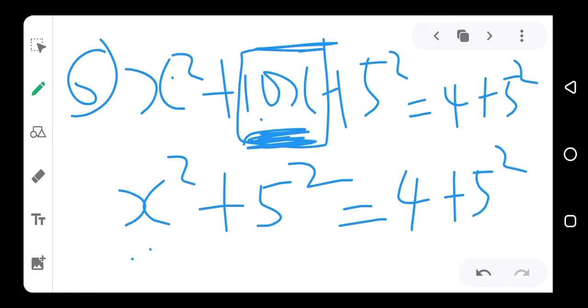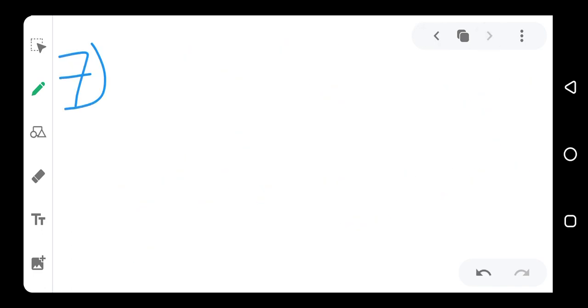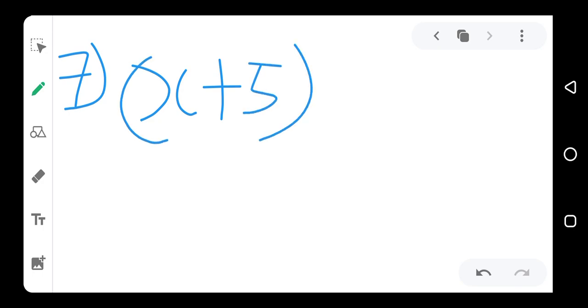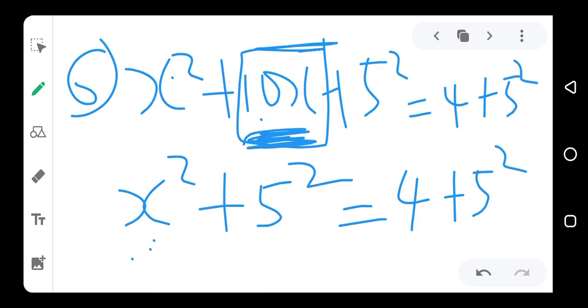So we have x plus 5, everything raised to power 2. We have the power 2 here and power 2 here. So we take the two values, that is x and 5, and raise everything to power 2.